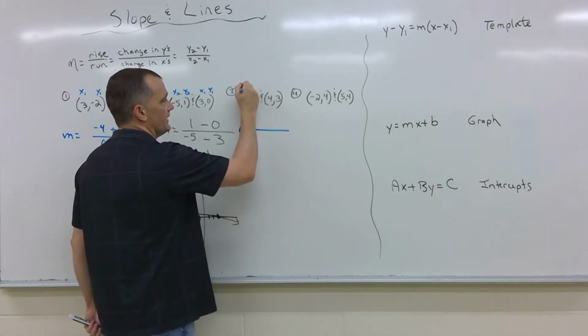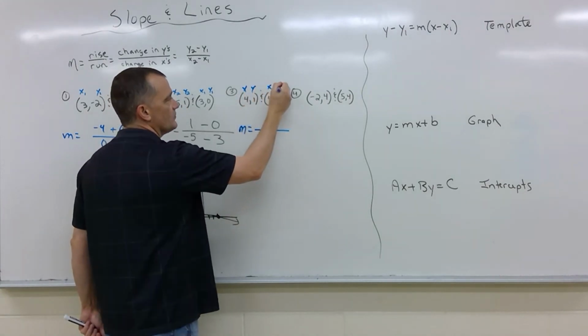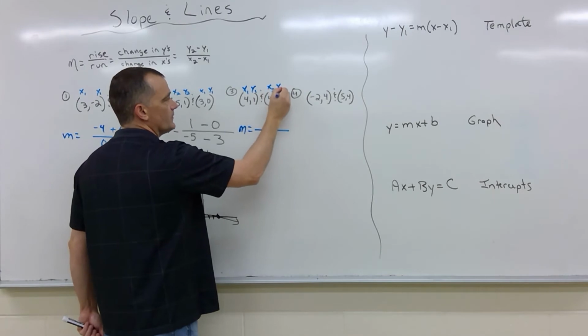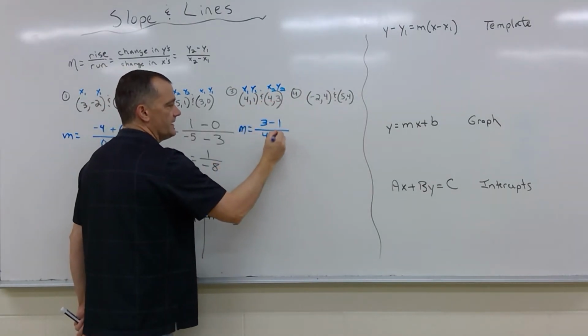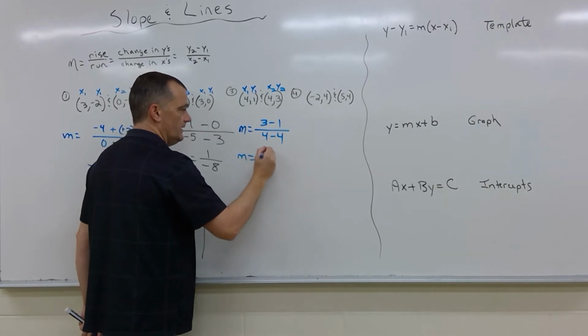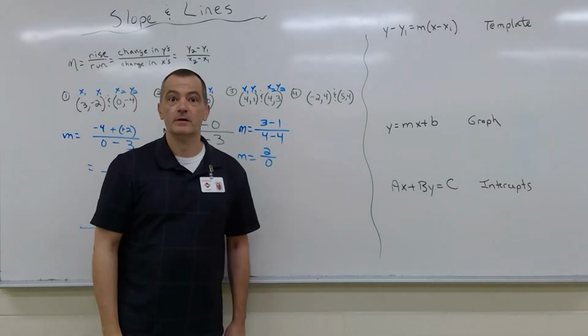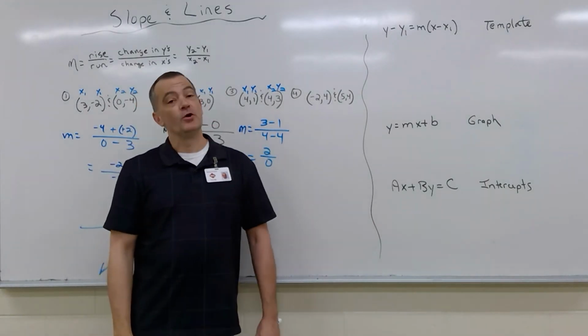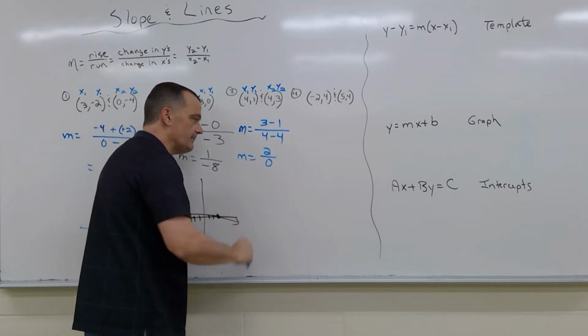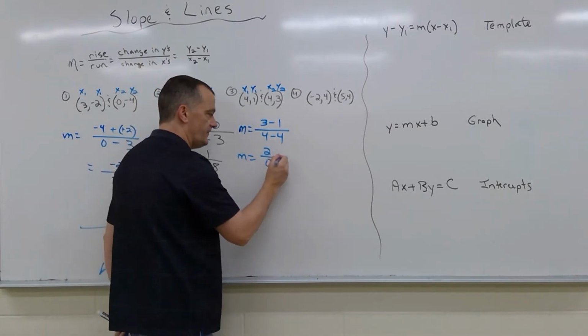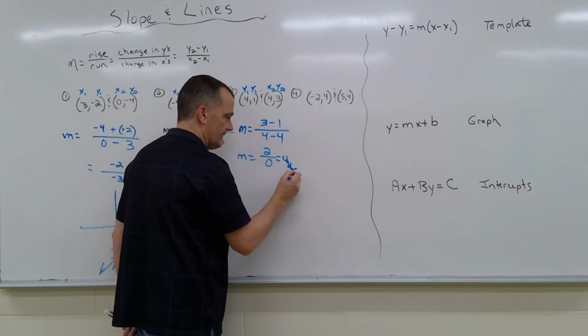So this is m equals x, y, x, y. You're the first point, you're the second. 3 minus 1, and then 4 minus 4. Uh-oh, this is 2 over 0. Dividing by 0, we'll talk about that in Calc 1 quite a bit. But dividing by 0, this is undefined.